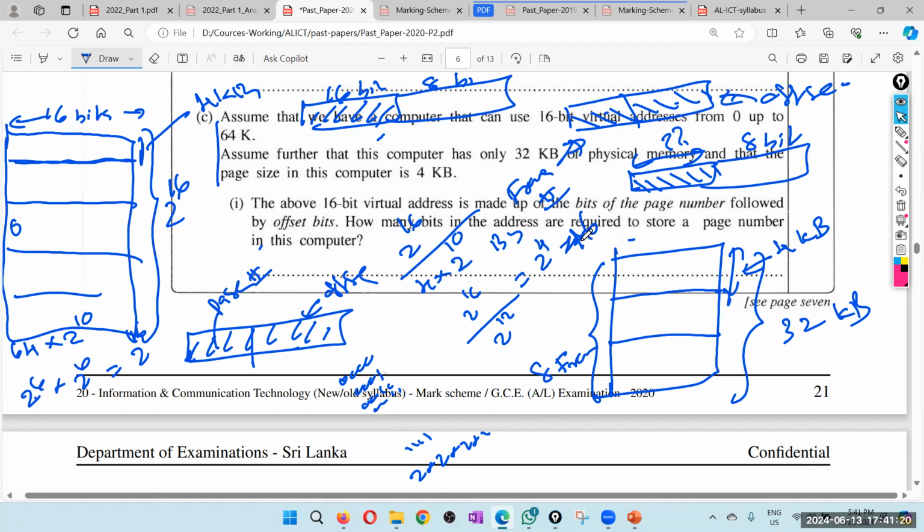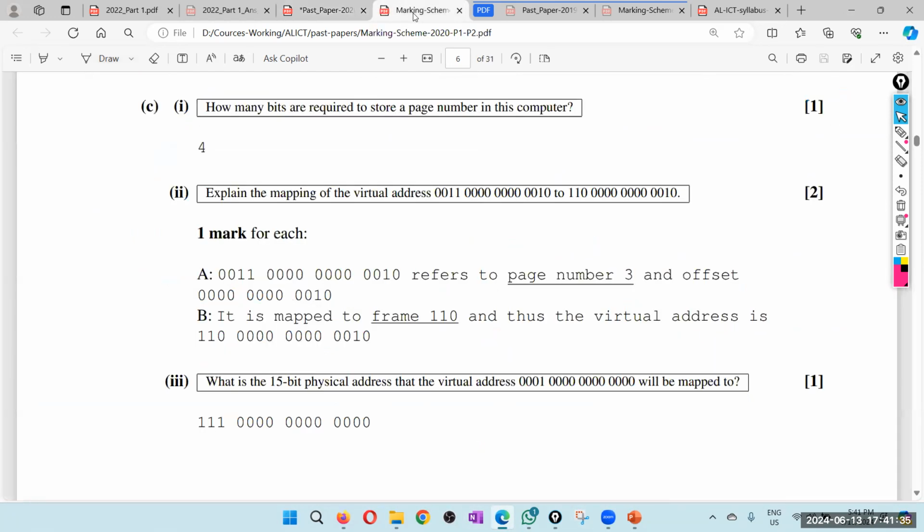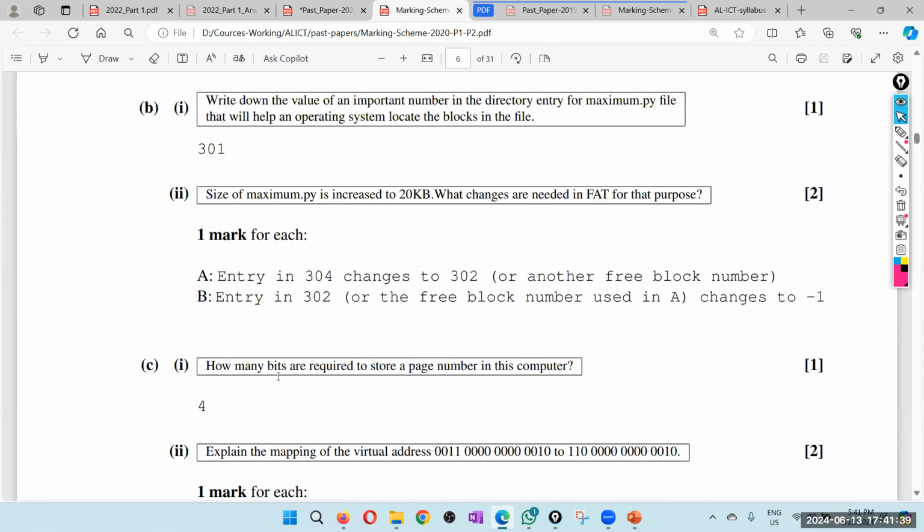So therefore, the width of the page number part must be 4 bits. Let's double check the answer. How many bits are required to store the page number in this computer?